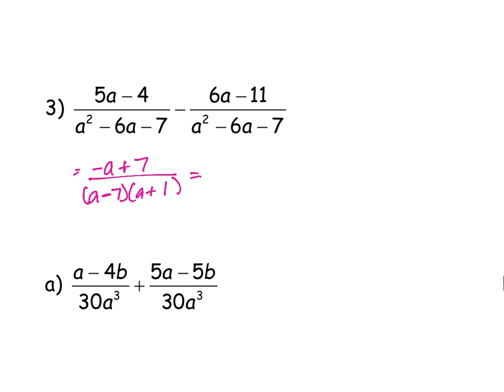I can factor the top. I can factor a negative 1 out of the top, and I'm going to get a minus 7 all over a minus 7, a plus 1, make a 1, and I get negative 1 all over a plus 1. Ta-da!